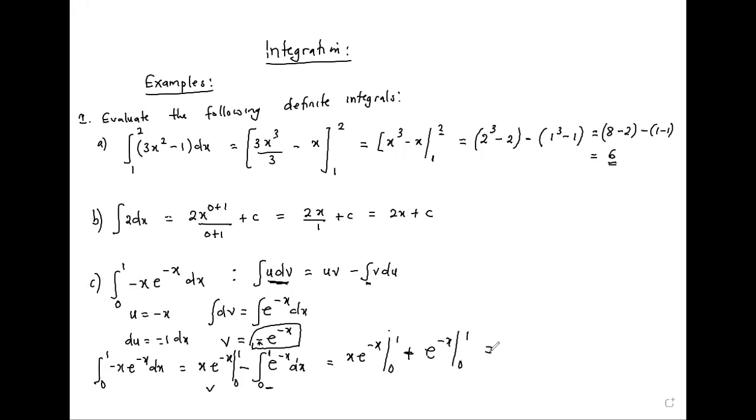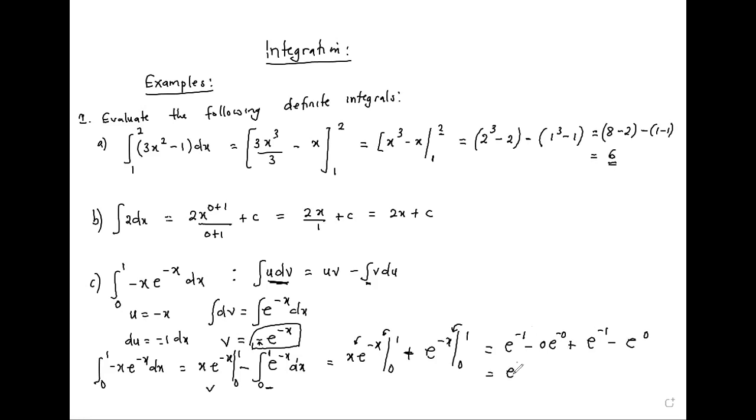You substitute 1 here and 1 here, you get e to the power -1, minus, you substitute 0, you have 0 times e to the power -0. And then plus, substitute 1 here, you have e to the -1, minus, substitute 0, you have e to the 0.